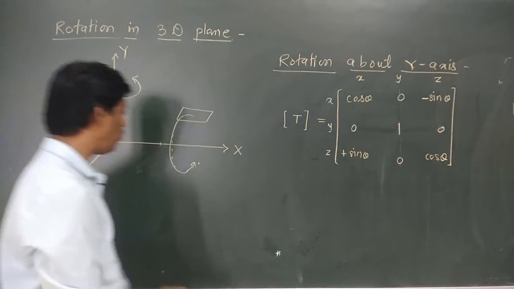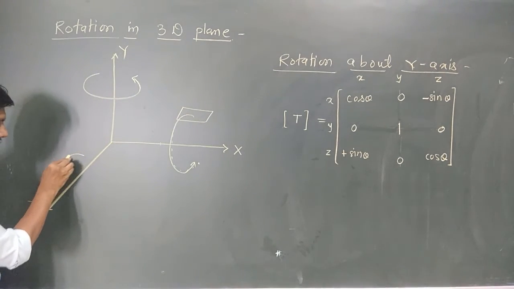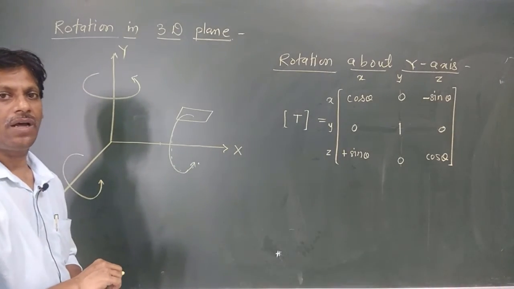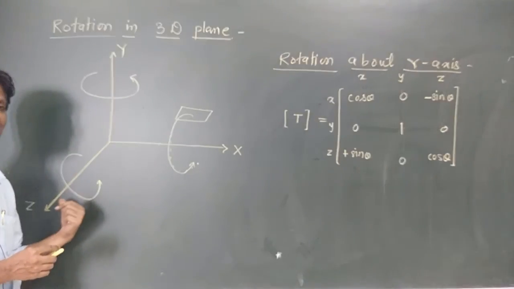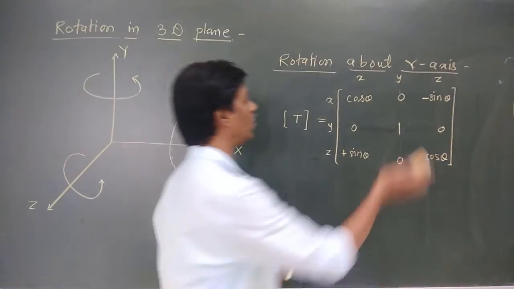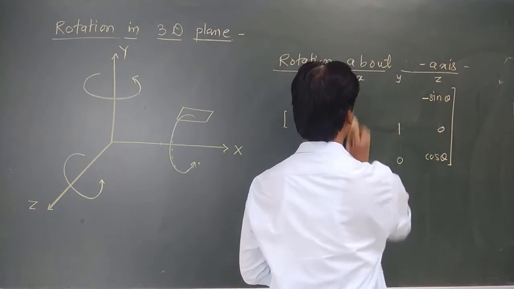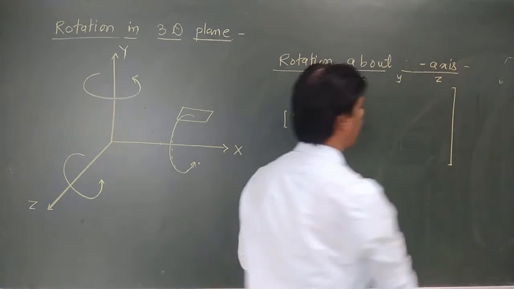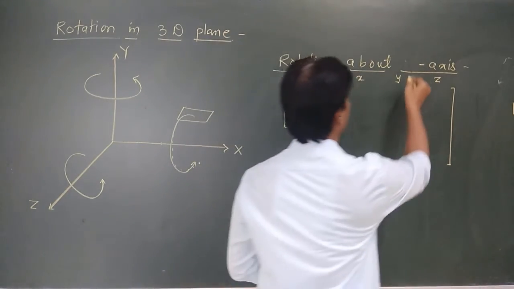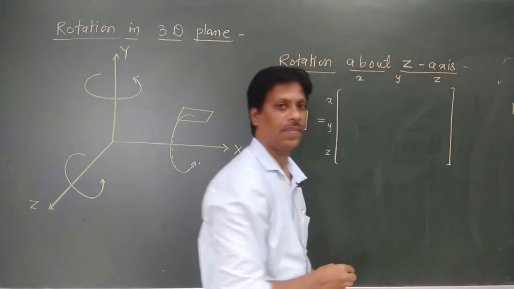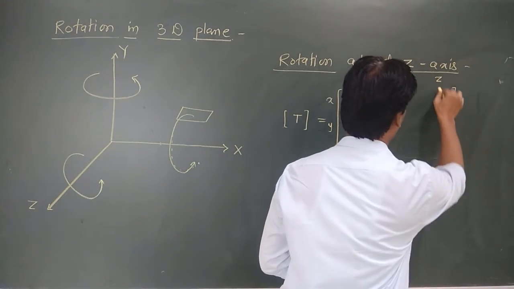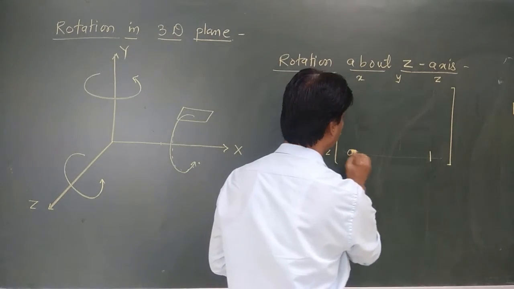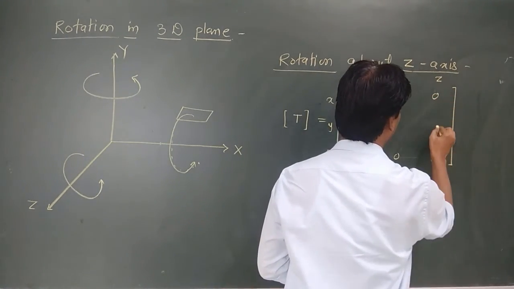Now similarly, if you want to take a rotation about the z-axis, the same thumb rule can be applied for the positive or negative rotation about the z-axis. Then how to write the transformation matrix? Just like that, for the z row, that means the third row and third column, the diagonal entry is 1 and the other entries of that row and column are 0, 0.